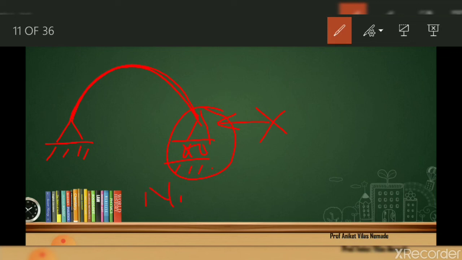This is not an arch. But if it's supported on two hinges, not a roller support, only hinge supports, then this structure is called an arch. Why? Because there is a restriction in the lateral direction. This is the basic difference between the curved beam in elevation and the arch.